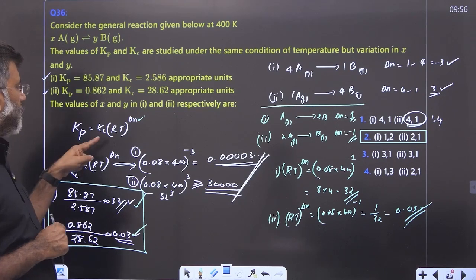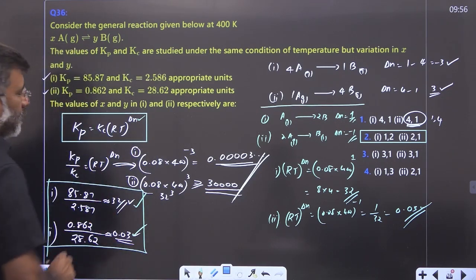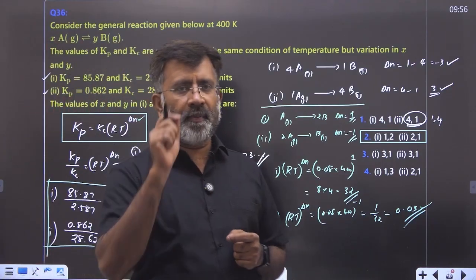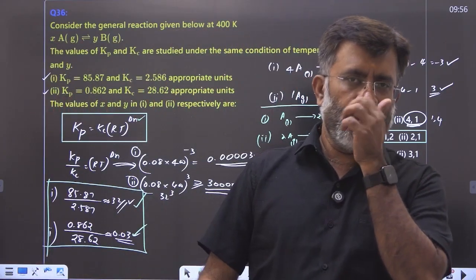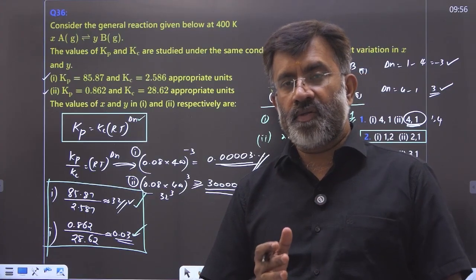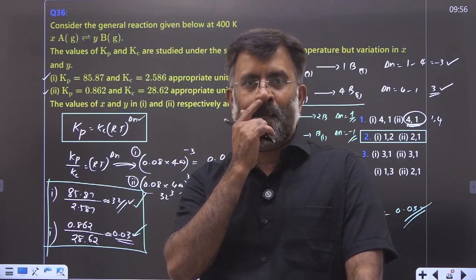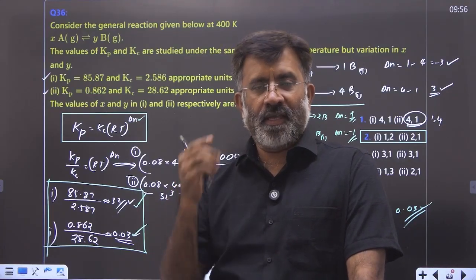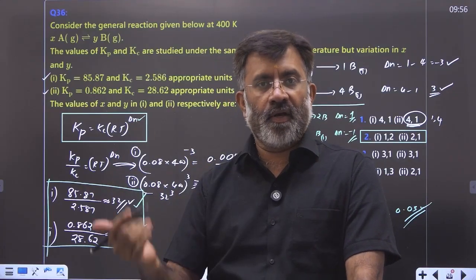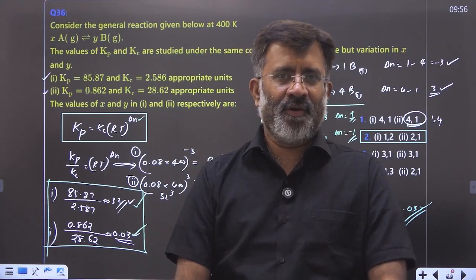Kp by Kc is equal to RT power delta n, right? So if you get a different value of Kp by Kc, that means delta n is different. No doubt about it.